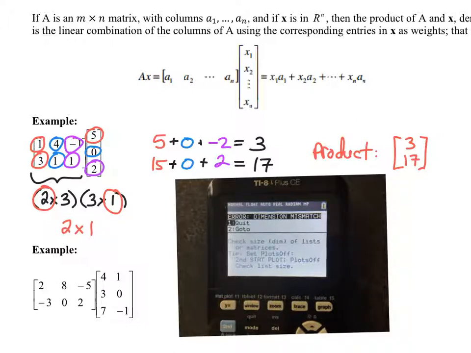Like, if you were to come up to me during a test and say, I got this error message on my calculator, can you tell me what I did wrong? I'm going to say, I think you mismatched your dimensions. You should match them up. Because if you match them up, there won't be a mismatch and you'll get it right, all right?